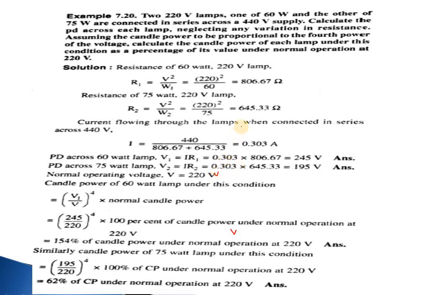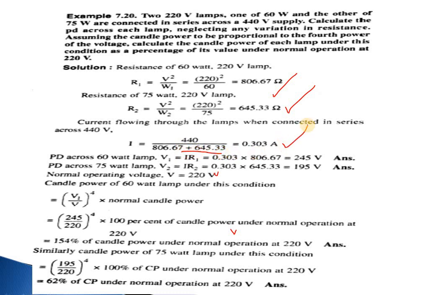Similarly we can calculate the resistance of the 75 watt lamp, that is V square by W2, that is 220 squared divided by 75, and the resistances we have calculated here. Now the current flowing through the lamps when connected in series across the 440 volt supply will definitely be V divided by the total resistance, so we will get the current also.